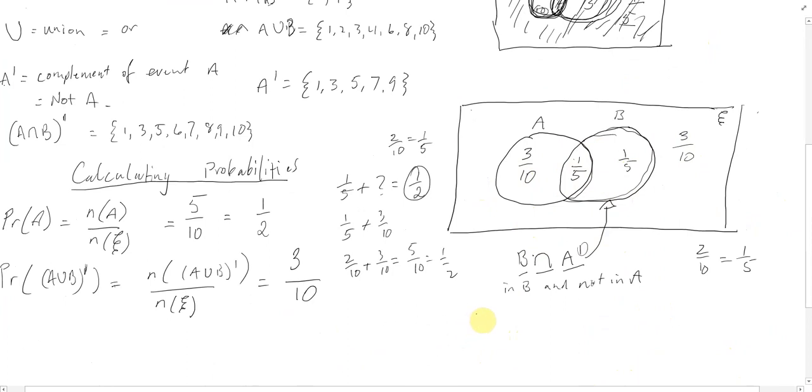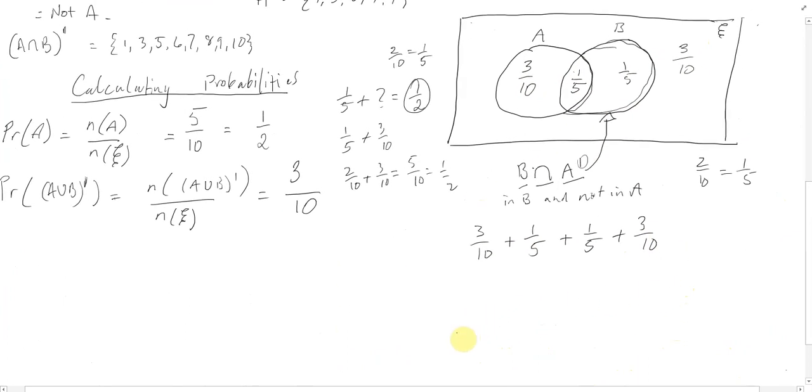Let's see what happens if we add those probabilities together. We have the 3 on 10 plus the 1/5 plus another 5th plus another 3 on 10. Let's convert these all to tenths: 3 on 10, plus 2 on 10, plus 2 on 10, plus 3 on 10. So we've got 3, 5, 7, 10, 10 on 10, which equals 1.